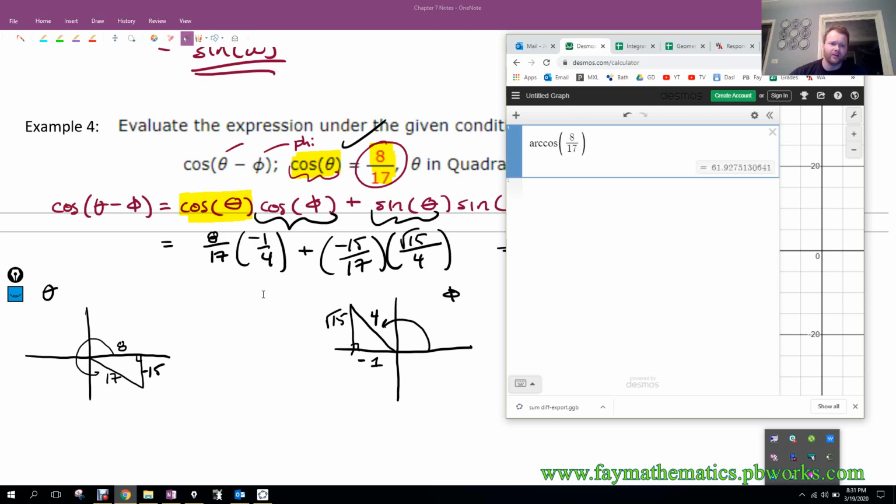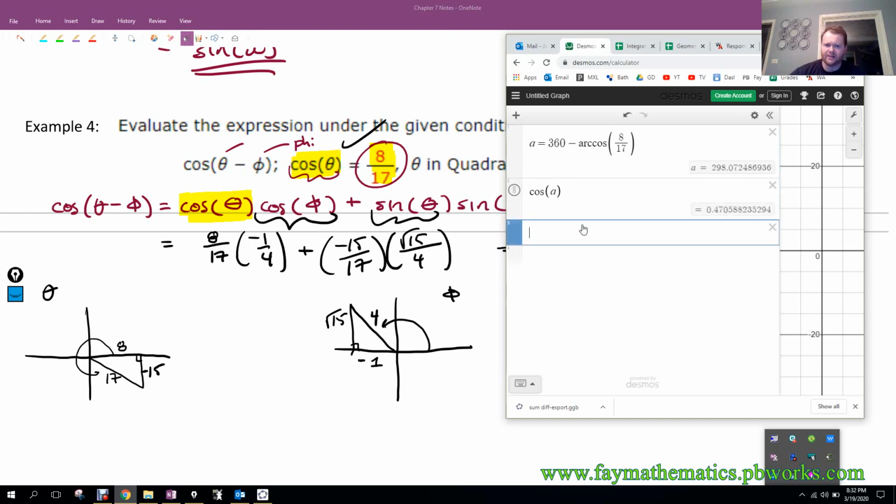And it's going to give me 61 degrees. Now that 61 degrees is this angle right here. Okay, remember we're in the fourth quadrant. So what I'm going to do is take 360 minus that, and it gives me that number right there. So 298.07. Okay. I'm just going to double check real quick. If I take the cosine of that number, let's just call that number A for now. If I take the cosine of A, that should give me the same thing as 8/17. And you see that it does.